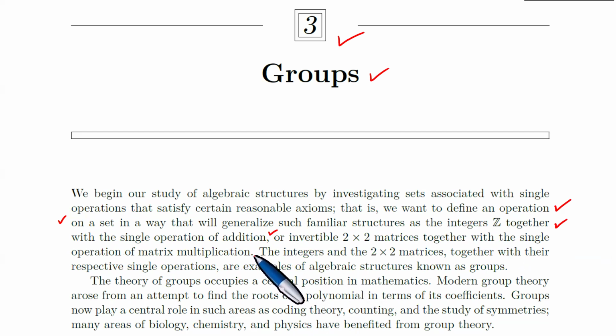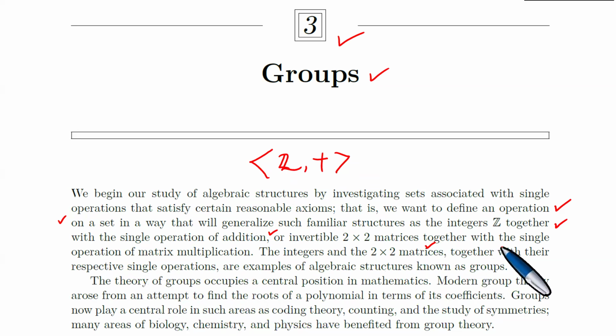Or invertible 2x2 matrices together with the single operation of matrix multiplication. Normally we look at the integers together with the operation of addition, or the 2x2 matrices together with their respective single operations.